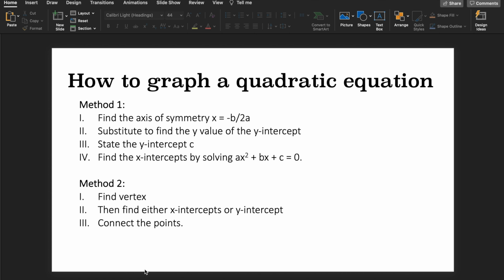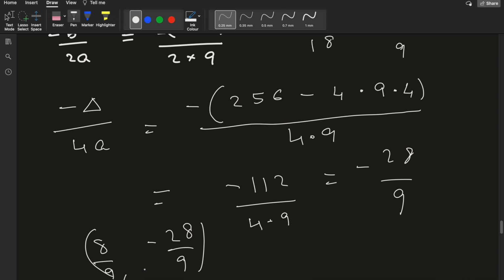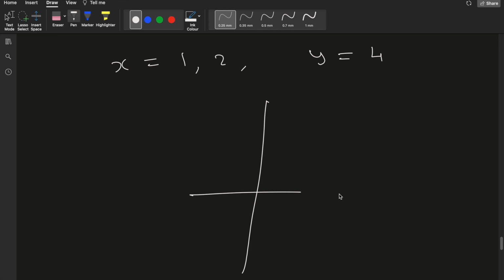I'll show you a quick example. Imagine the x-intercepts were 1 and 2, and the y-intercept was maybe 4. This would be 1, this would be 2, and this would be somewhere at 4.